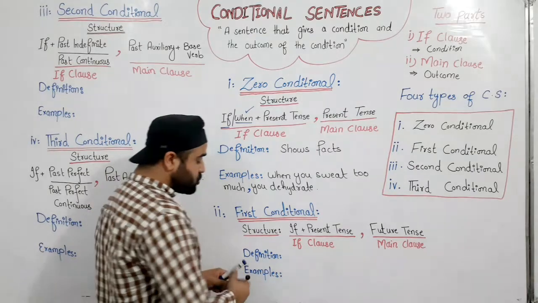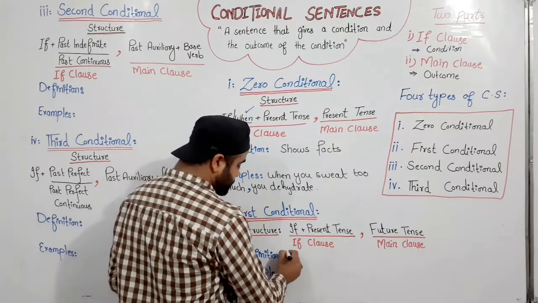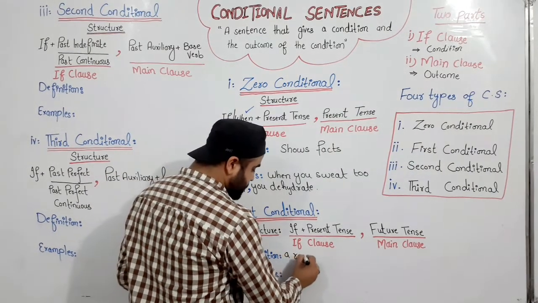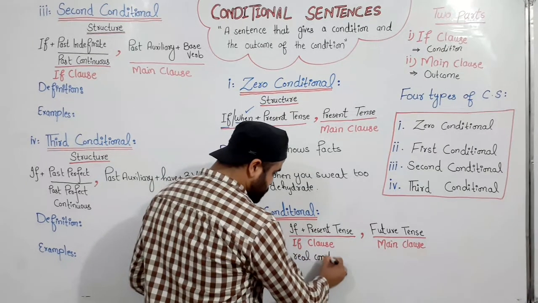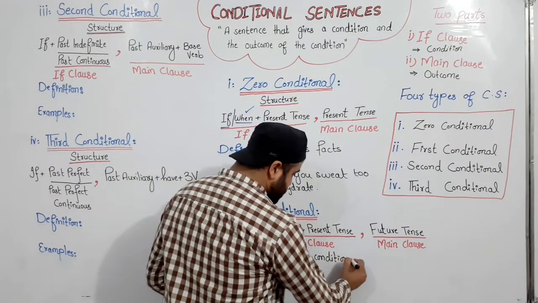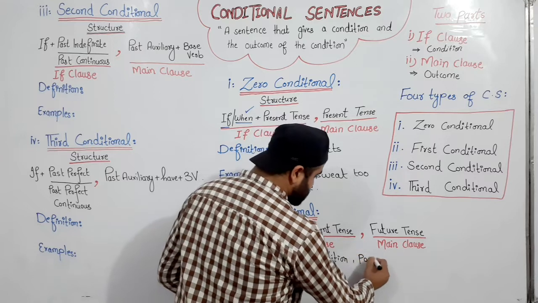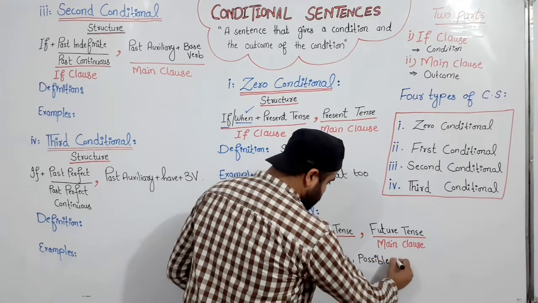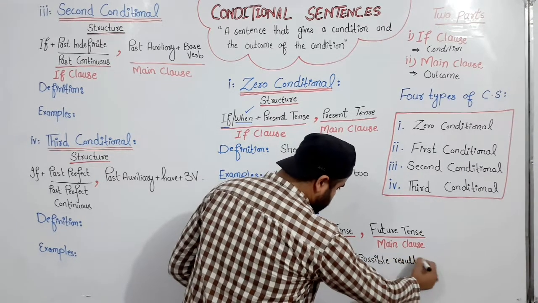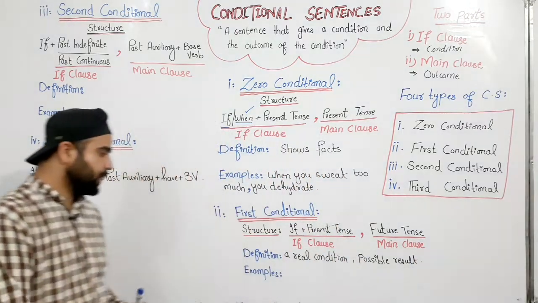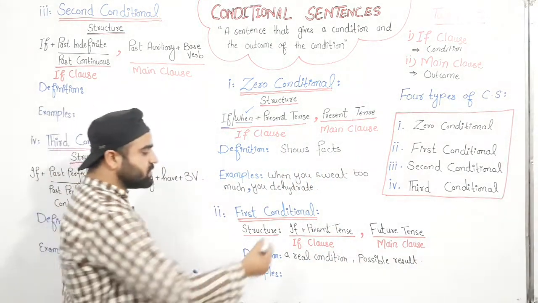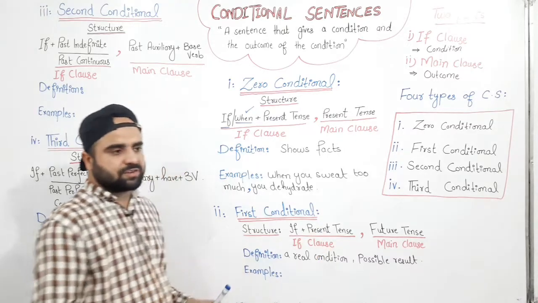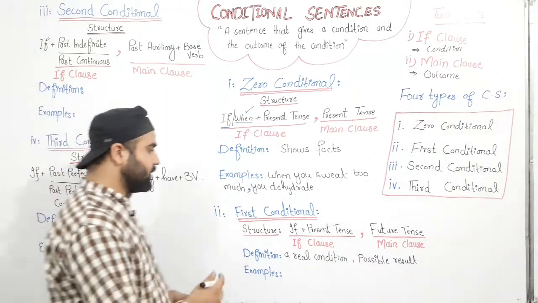The definition is that it shows a real condition in present and its possible result. The possible result can be in present, it can be in future, right? The structure is if plus present tense.